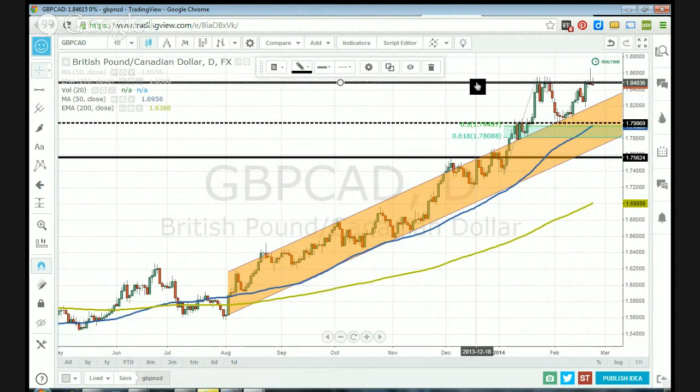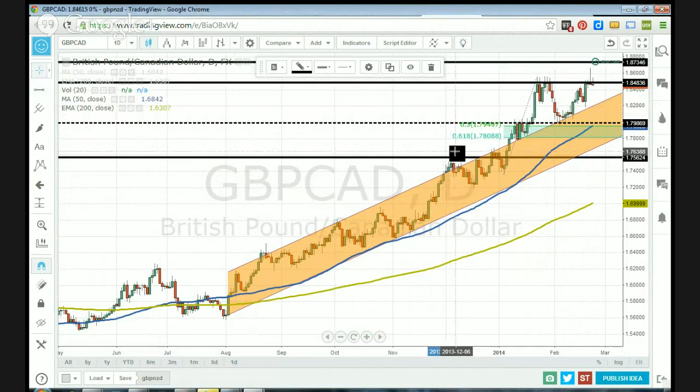I could enter there, enter 84.36. I could have my stop at 87. It really shouldn't reach a new high here. So we are dealing with about 350 pips.